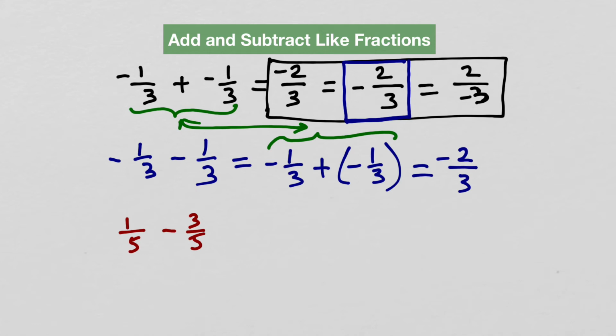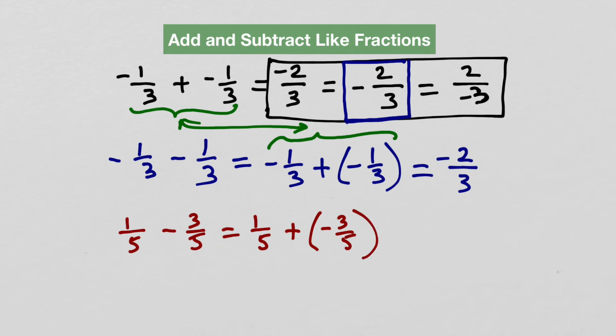Okay, so we always follow the rules. When we're dealing with negatives, we need to see and figure out if we can do something about the negative and make it a positive, okay? Because we don't like negative signs. So in this case, we're going to rewrite this. 1/5 plus negative 3/5.